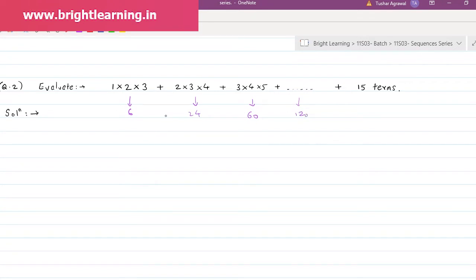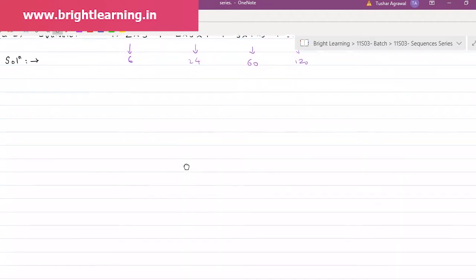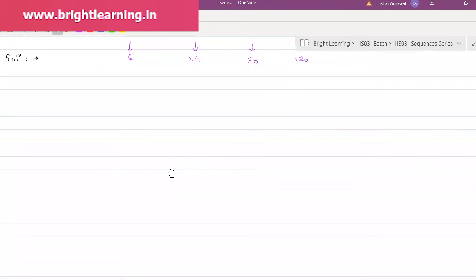If I just gave you these random numbers, suppose I hadn't given you the above multiplication process, and I would have asked: evaluate the sum of the sequence 6, 24, 60, 120, next number, and so on. Then how can you convert these random numbers into a formula? You would definitely face the question: how are you generating those numbers?